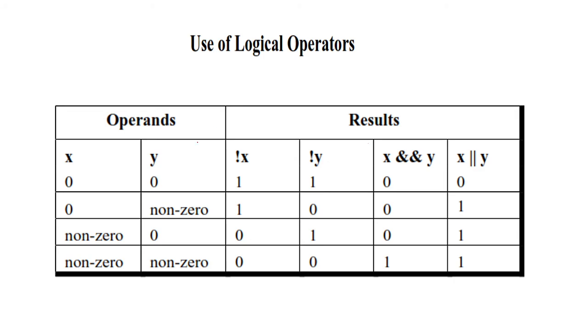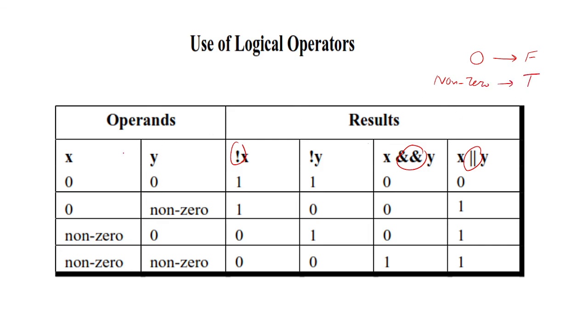Next, here the operation of the NOT operator, AND operator and OR operator is given. Firstly, I want to say that 0 is taken as false and a non-zero quantity is always taken as true.